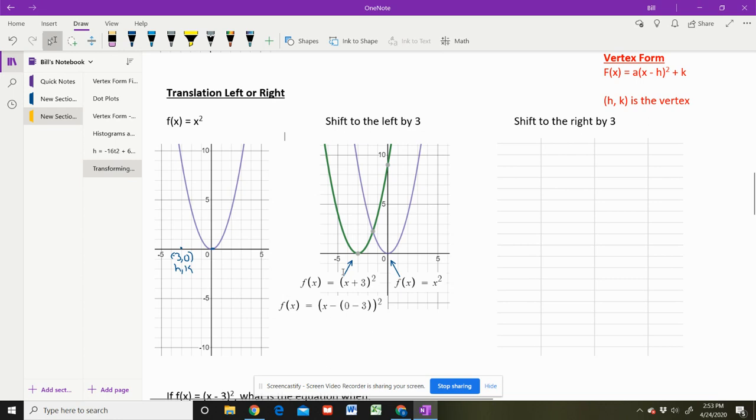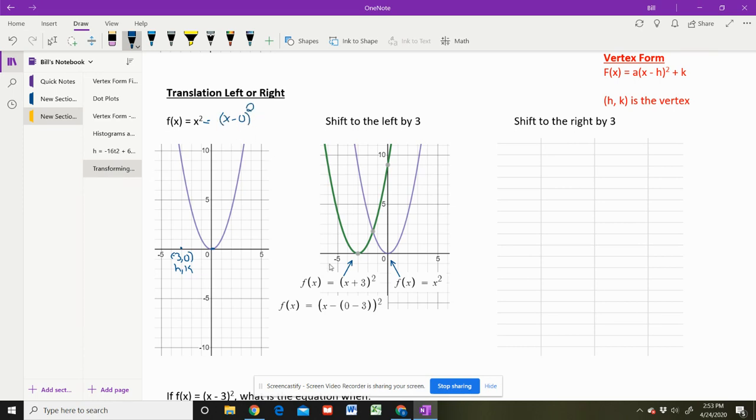All right, so we're going from this x squared, we're shifting it left, so we go x plus 3, which is squared. Or you can think about it as this original equation could have been written, if I put it in vertex form, as x minus 0 squared.